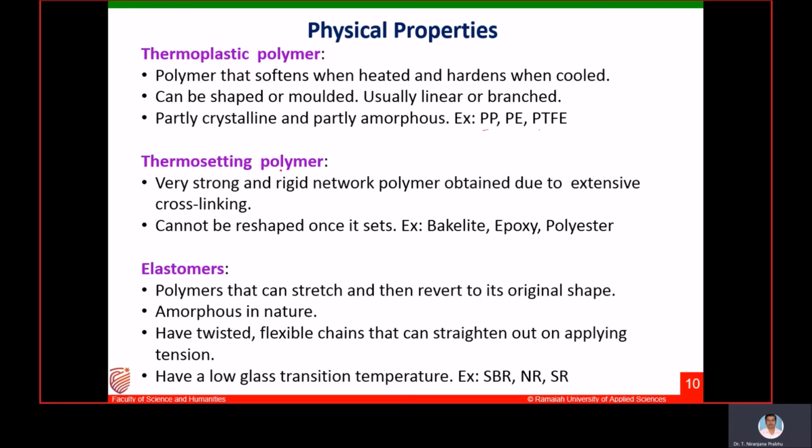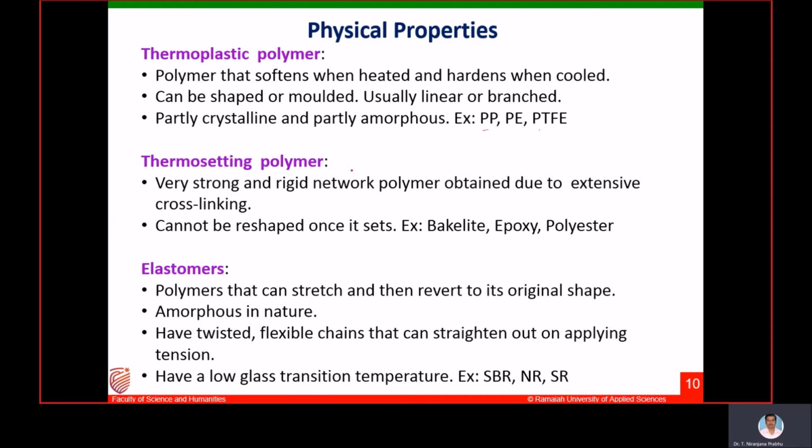Another class based on thermal response is thermosetting polymers. These thermosetting polymers also soften on heating, and they can be shaped into any required shape, and once cooled they become a rigid network. There is cross-linking happening within the polymeric molecule.